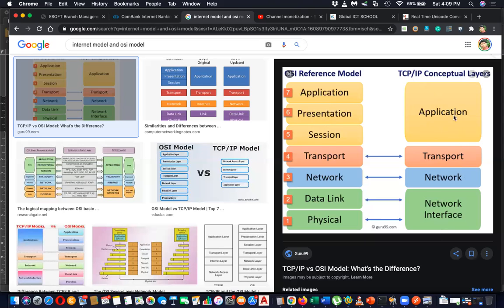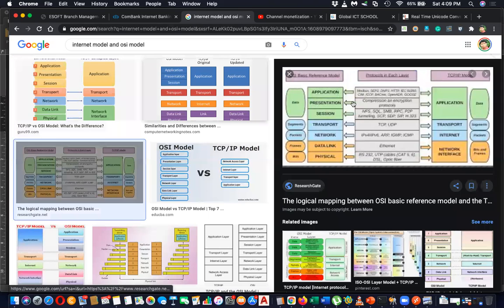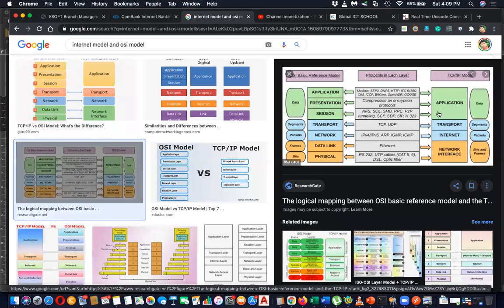This is the TCP/IP conceptual model. It shows more details of what kinds of protocols there are. If you take a print or screenshot of this, it would be better. In the application layer, applications like HTTP run.